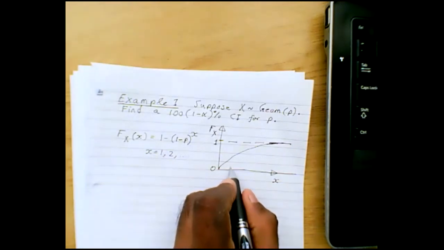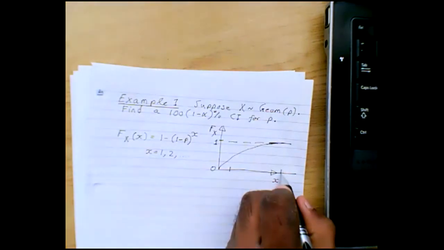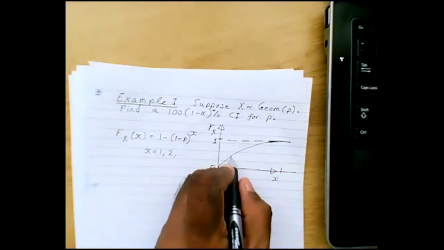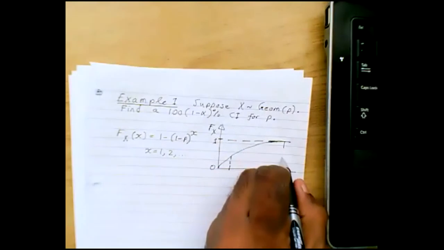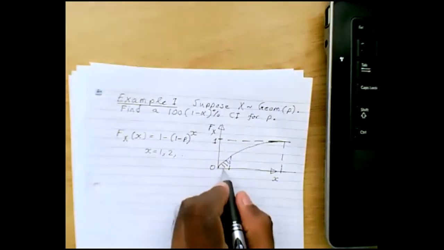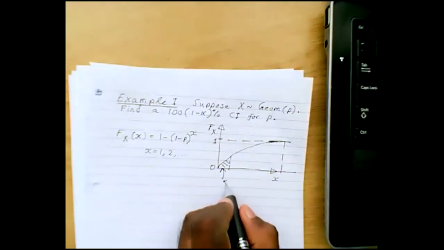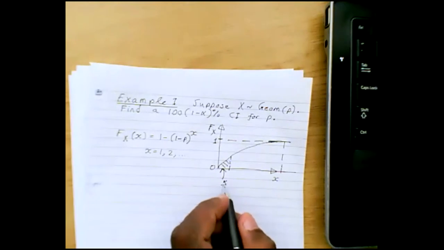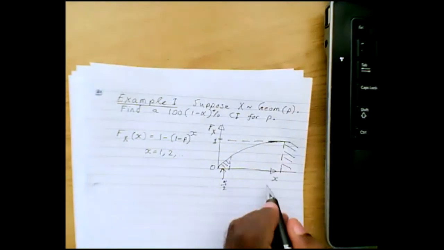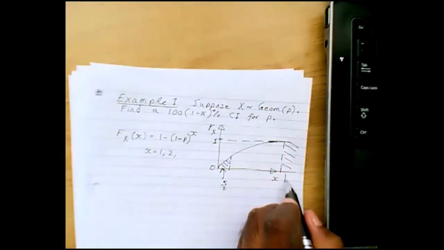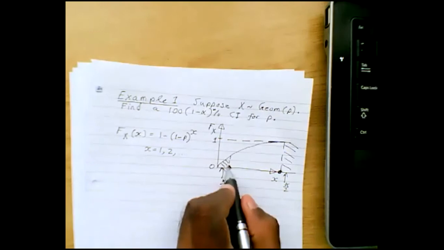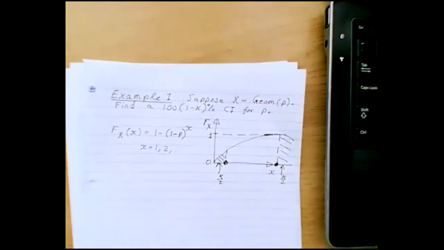Now let's take 2 points here, so that the area here is alpha by 2, and the area over here is also alpha by 2. We need to figure out the coordinates of these 2 points.